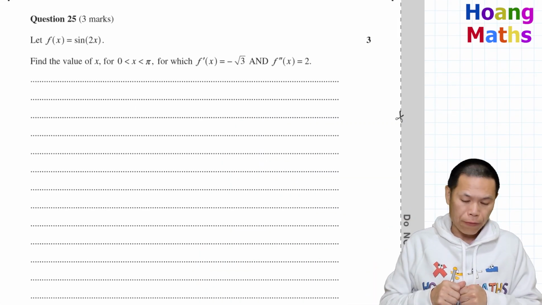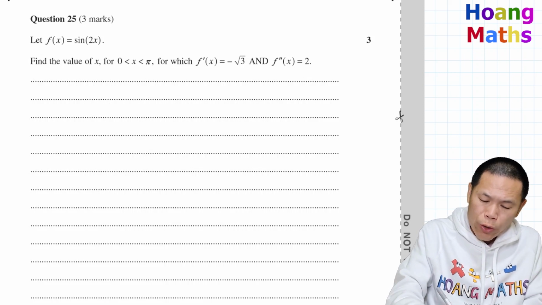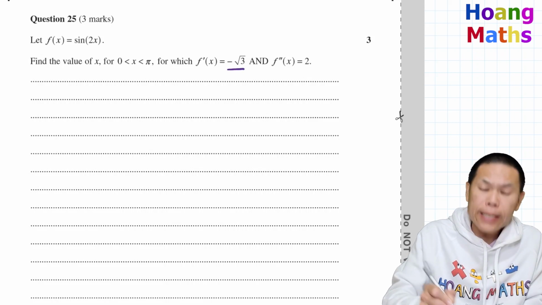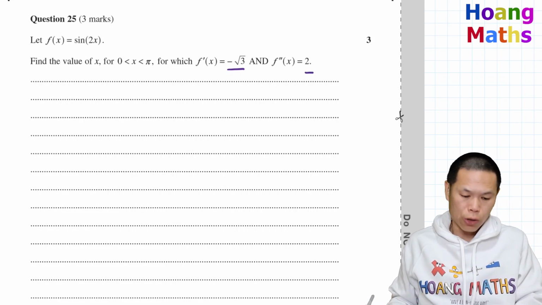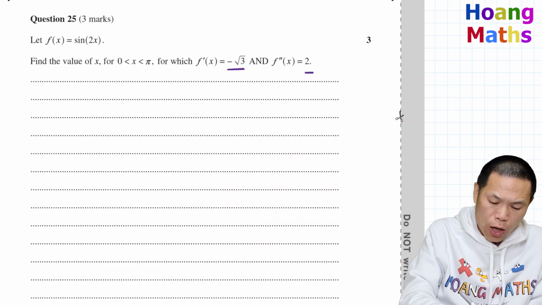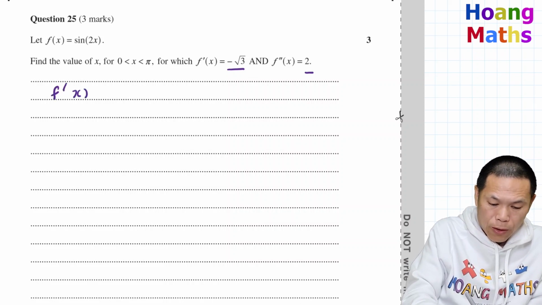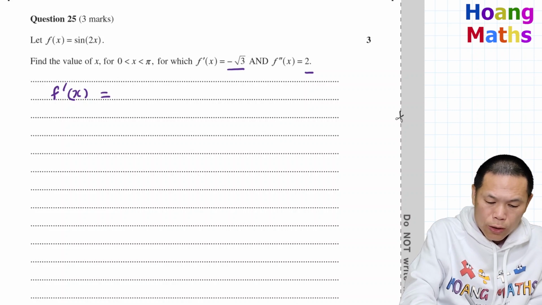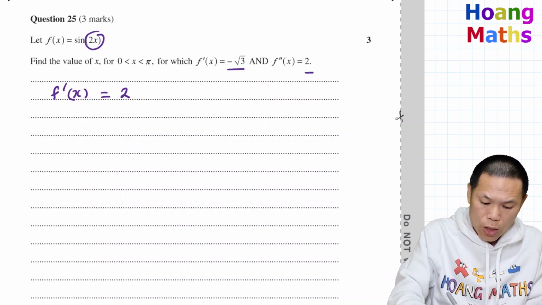Question 25. We need to find the value of x that will give us f dash x is -√3 and f double dash x is 2. To work it out, first of all, we need to find the derivative of the function. f dash x is equal to, we differentiate the angle, which gives 2, so 2 times, and differentiate sine, which gives cos.